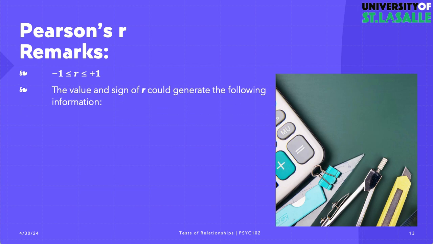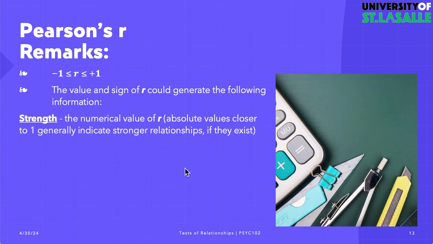And we have two bullets here. The R value is within -1 and +1 inclusively. That includes -1 and +1. The -1 is a perfect negative correlation, and the +1 is a perfect positive correlation. The value and the sign of R could generate the following information. One is strength. The value of R means the strength.